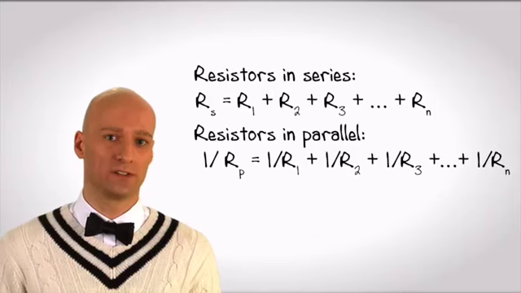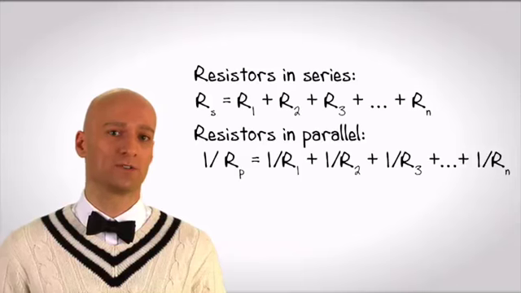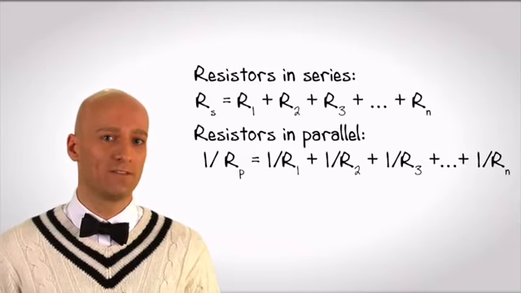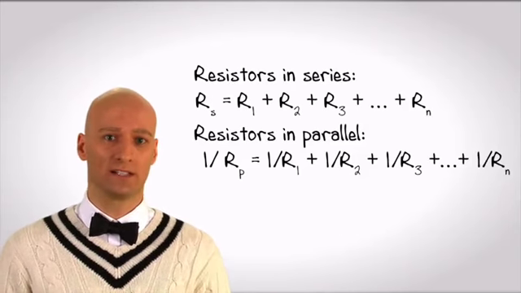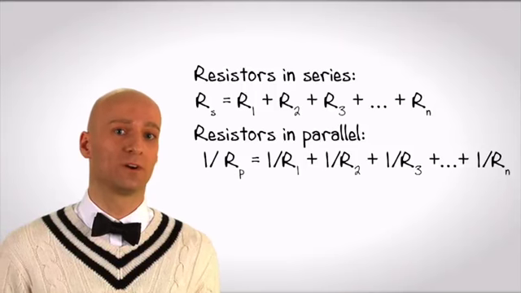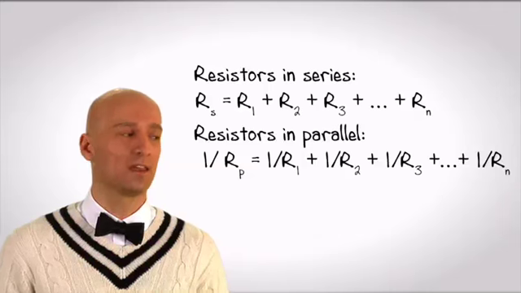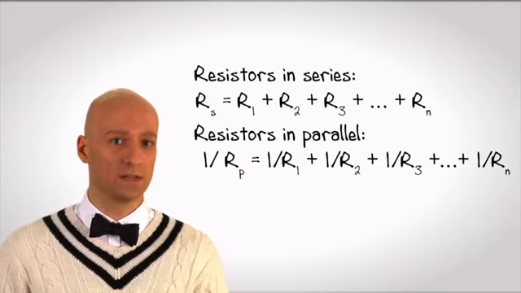Another arrangement of resistors is in parallel. Now, parallel resistors offer alternative pathways for the current to travel. The current can travel through one resistor or another. Now, since we have alternative pathways, the effect of resistors in parallel is to increase the overall cross-sectional area of the resultant resistor. As we increase the cross-sectional area, as we've seen, the overall resistance decreases.